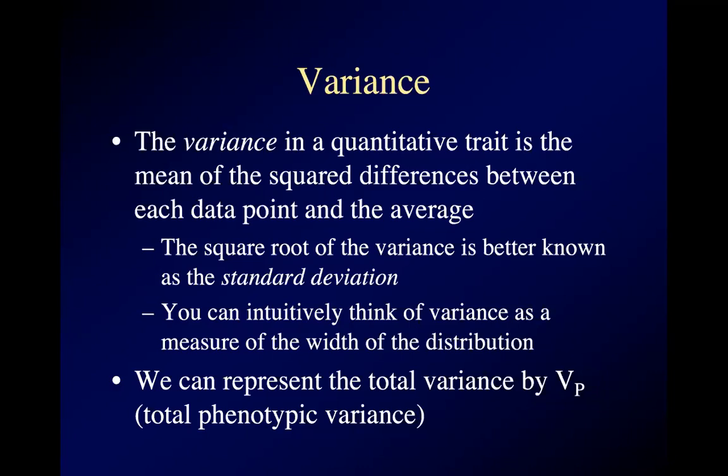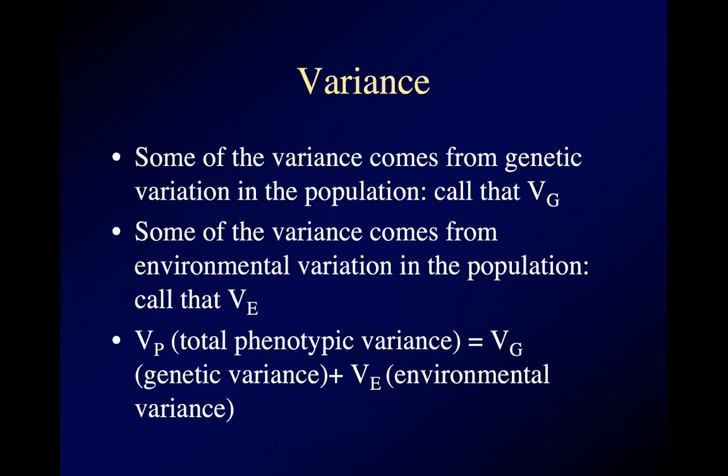We could measure everybody's height, or the number of leaves on every sumac plant in the nature reserve, or anything that we wanted to, and calculate the variance, and we call that V sub P. Some of the variance comes from genetic variation in the population, and some comes from environmental variation.